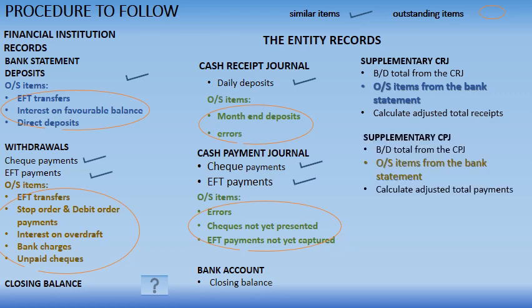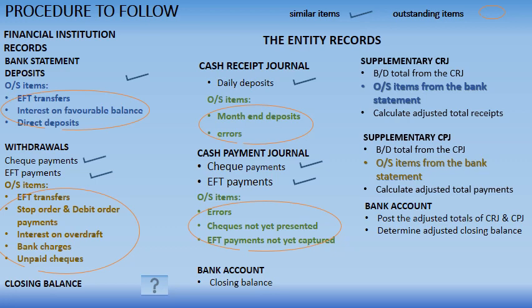Next, prepare the supplementary cash payment journal. Bring down first the total from the CPJ before the reconciliation. Bring in outstanding items from the bank statement. Calculate the adjusted total payments.